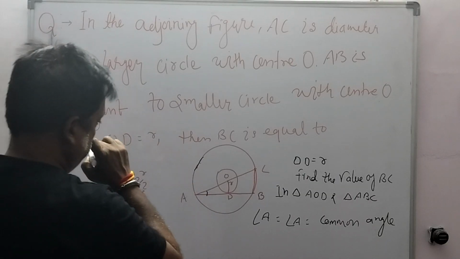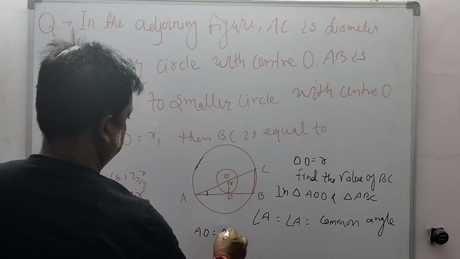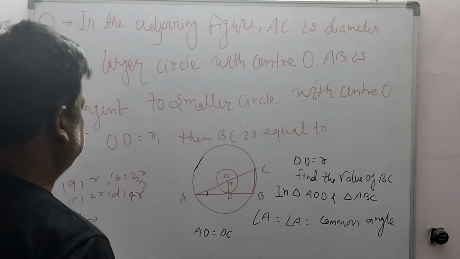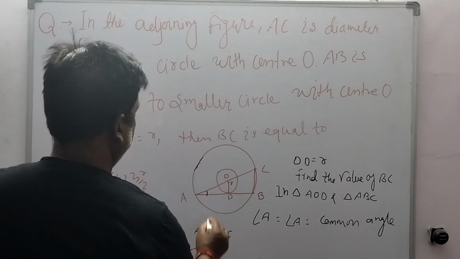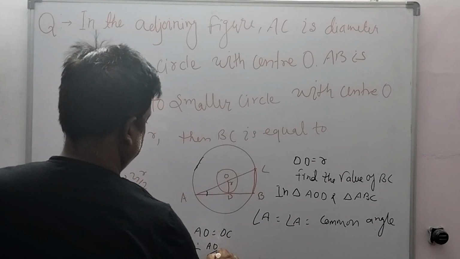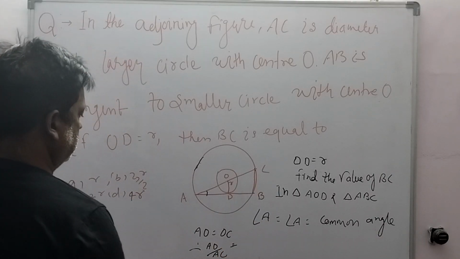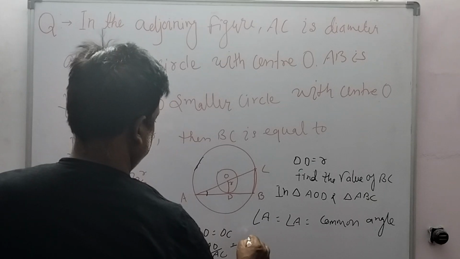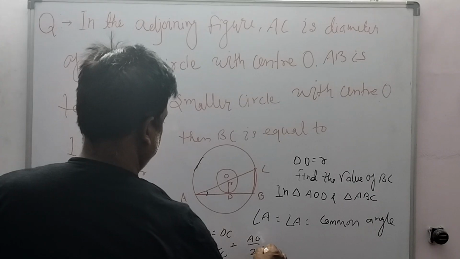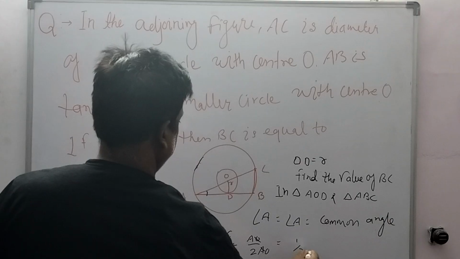And now AO equal to OC, both are radii of the bigger circle. So AO by AC, AC means 2R, that is AO by 2AO, so AO by AC is equal to 1/2.